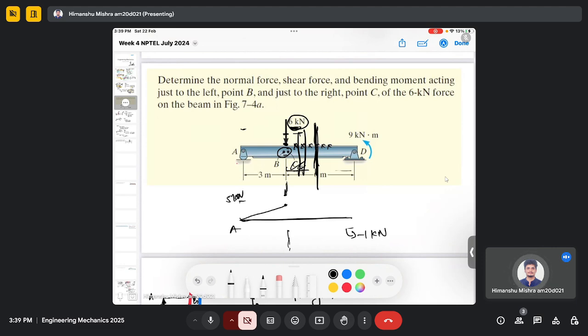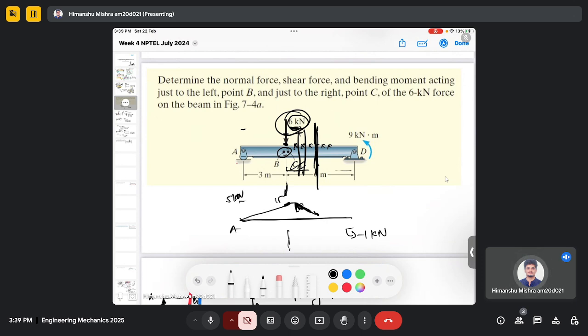So here it is 15, and here also it is 15. There is no sudden drop or discontinuity in the moment due to this point force. And after that, there might be some change in the moment here, and it will change like this.